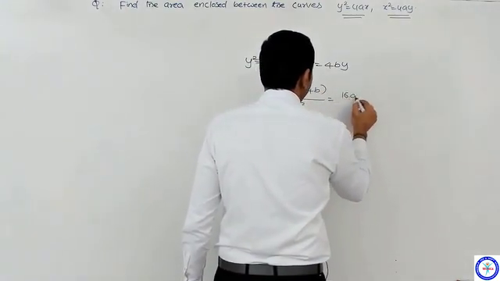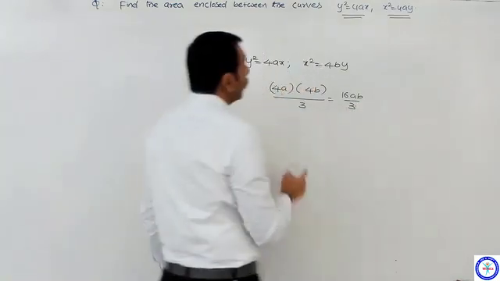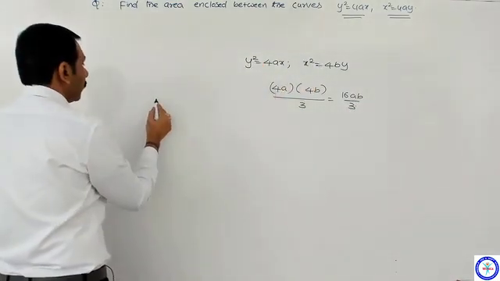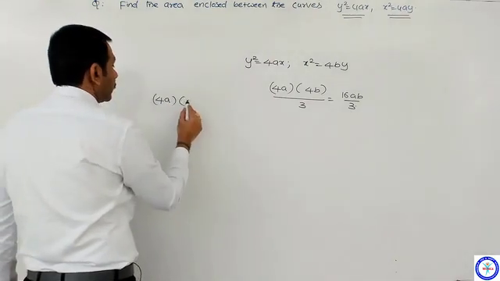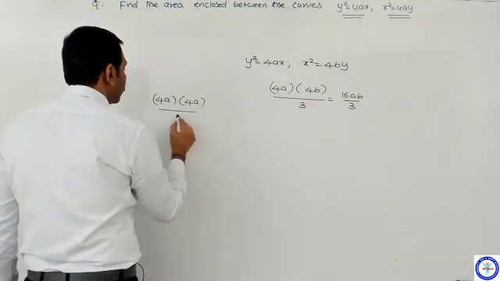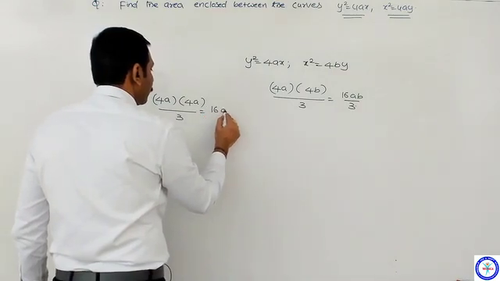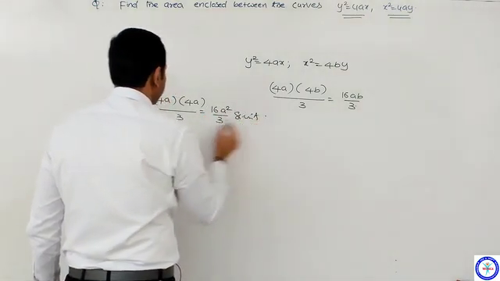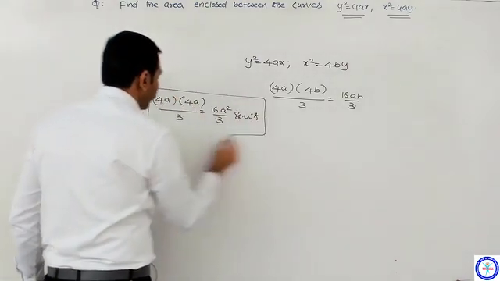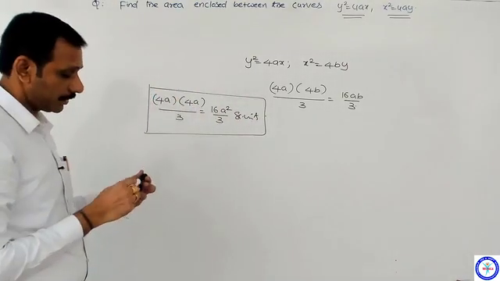It is 16ab by 3. Therefore, for those two parabolas, latus rectum of the first one is 4a, latus rectum of the second one is 4a, by 3, so it is equal to 16a square by 3 square units. It is the area between those two parabolas.